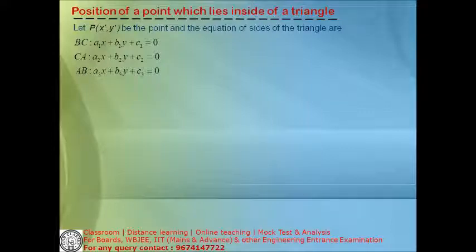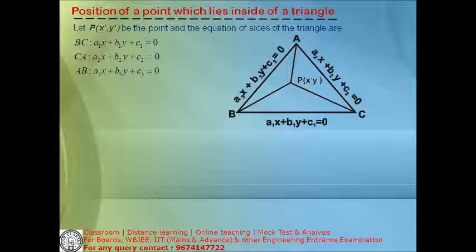So the triangle, if I draw, will look something like this. I have given you the three sides as well as their respective equations. Now the point P, x dash y dash, is lying inside the triangle.